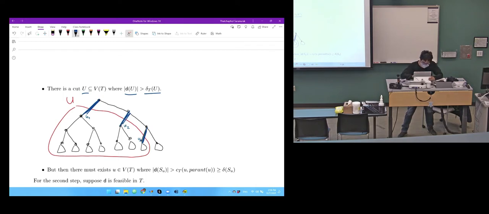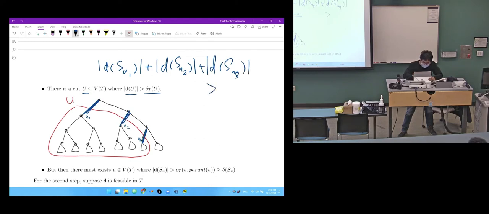So just from this example, you have the following, right? You have that D of S_U1 plus D of S_U2 plus D of S_U3, if you take the absolute value of the demand in each of these subtrees individually, this should be more than the demand in U, right?